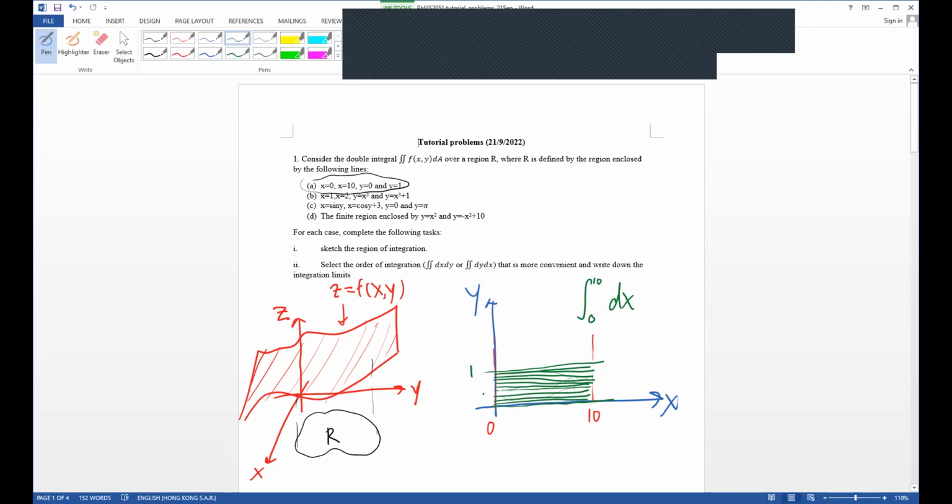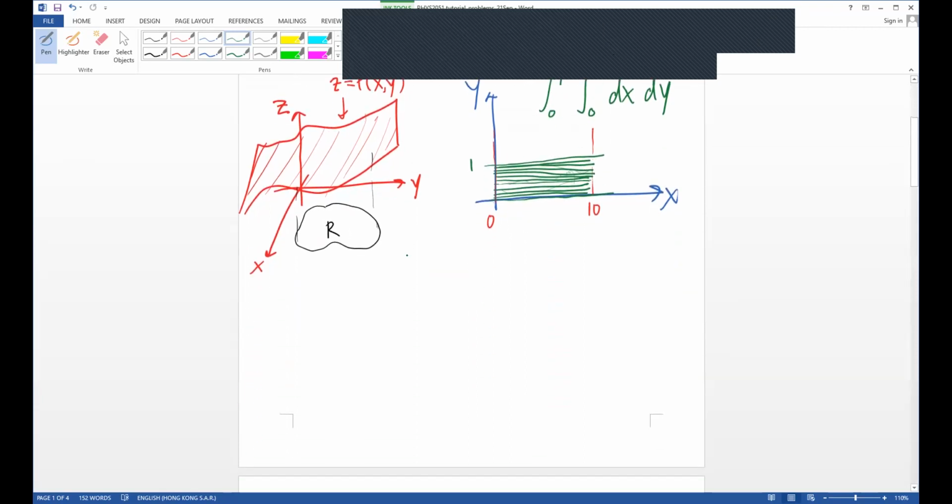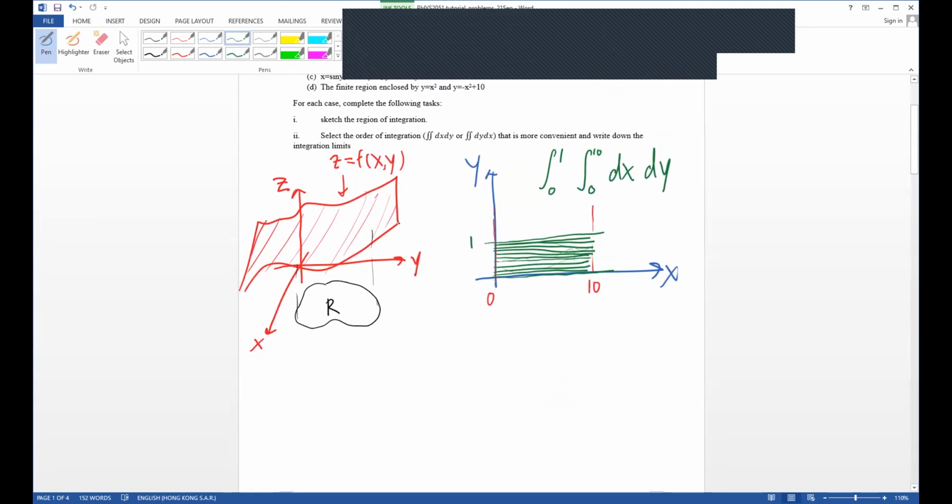So my second step is going from 0 to 1. So this is part A, the simplest one. Now let's try to do part B.